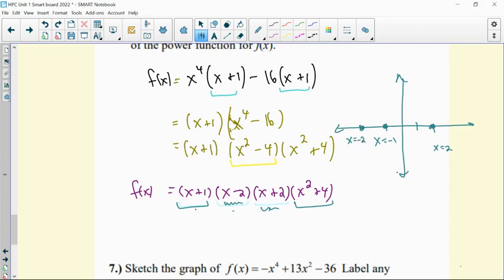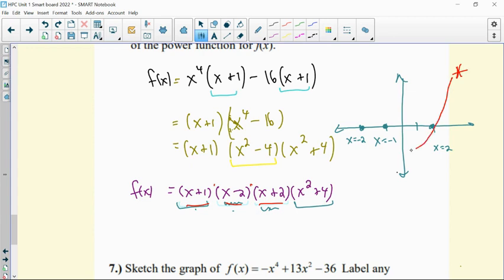Okay. And my overall function's positive, so I know it must start up here. Then, as I'm graphing this, each of the behaviors are linear, right? Each of the multiplicities, that exponent is just a 1. So I know it has to intersect like a line. So I'm going to go down here.